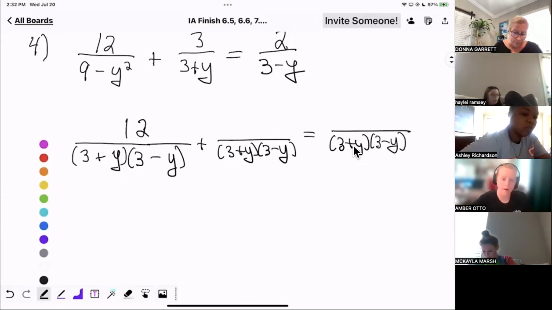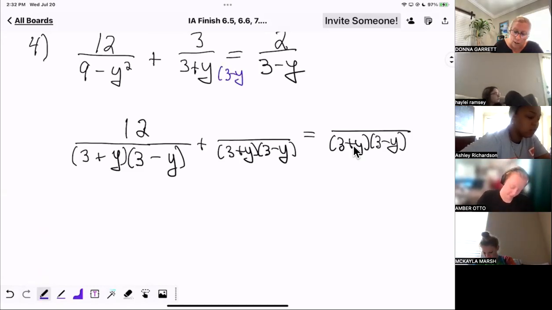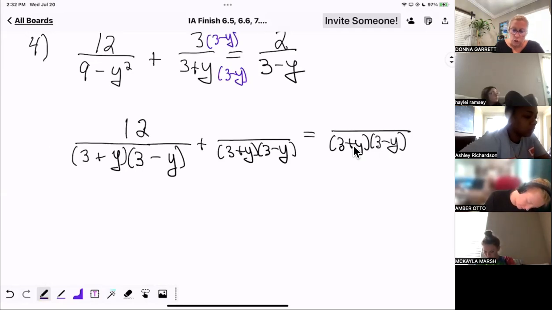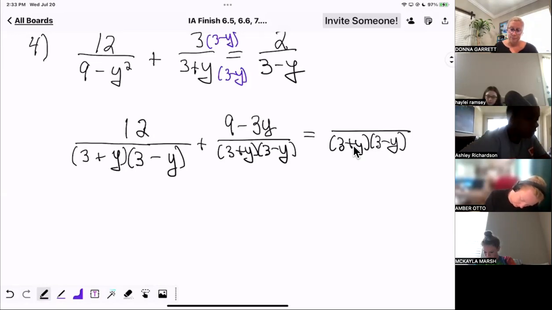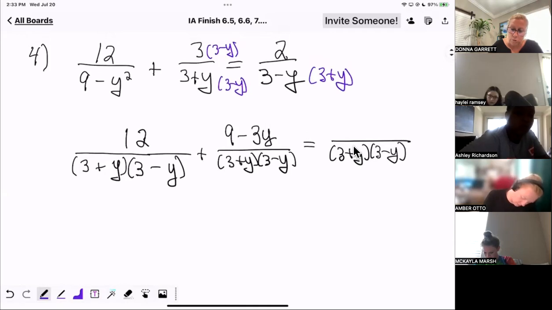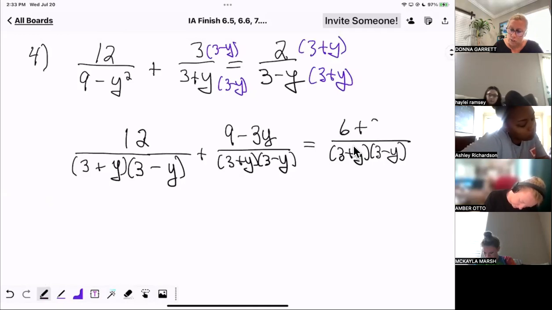The second one, I have 3 plus y, I need 3 minus y, and now I can just distribute that because it's not a binomial times a binomial. So 3 times 3 is 9, 3 times negative y is negative 3y. And for the last fraction, I have to multiply by 3 plus y. So I multiply my numerator by 3 plus y, and I get 6 plus 2y.